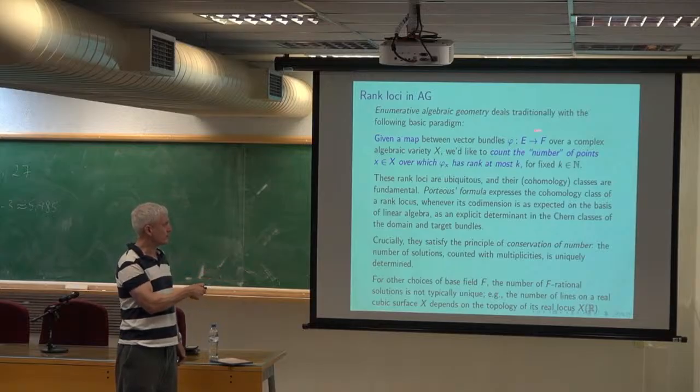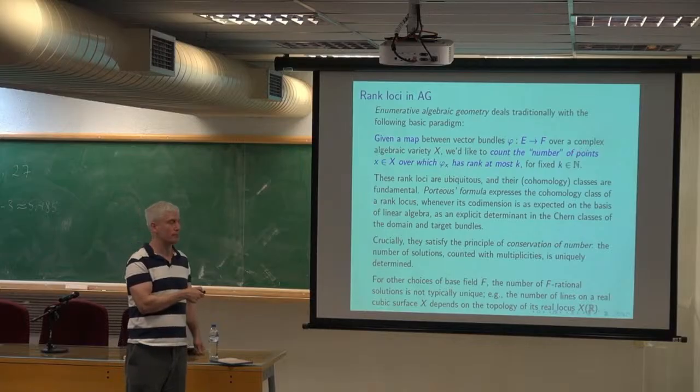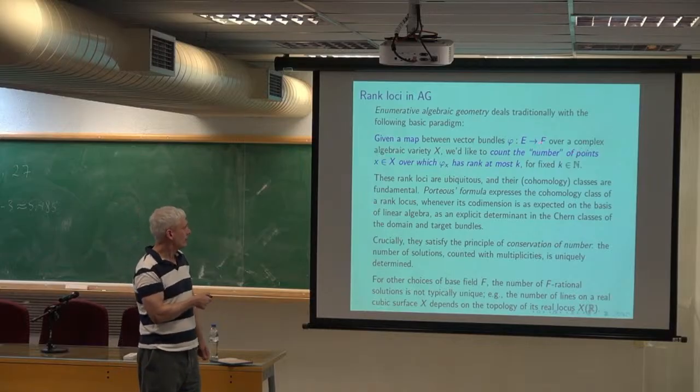So if we prescribe that we have a map of vector bundles over an algebraic variety, and we impose that the rank of this map be at most some number, then for example, if that expected number is finite, you can ask what it is.